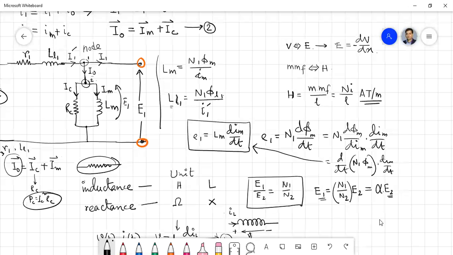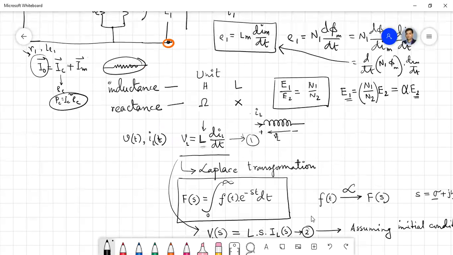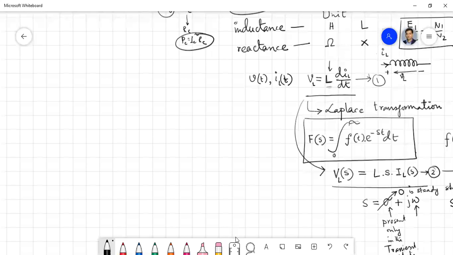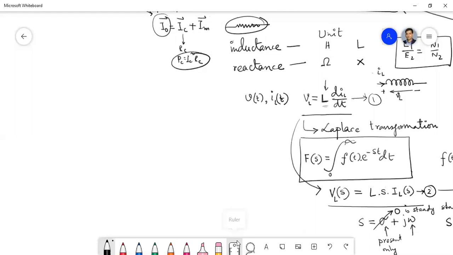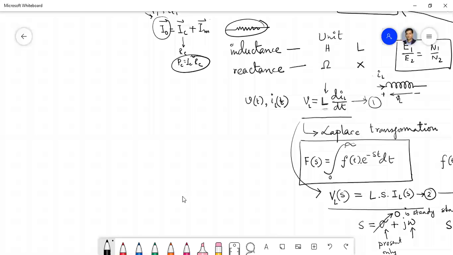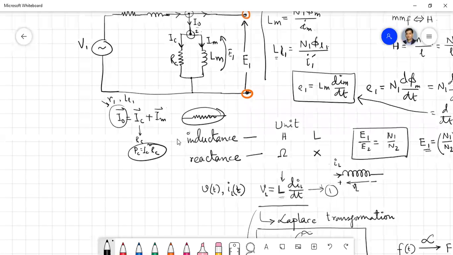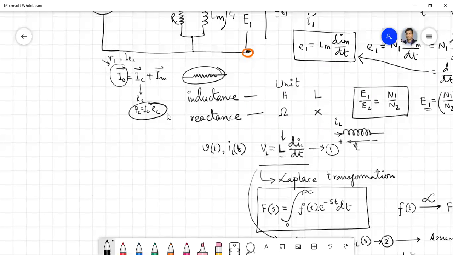We can show some dependent voltage source over there. Before that, we should go to the other part of the circuit. For the secondary, what can we draw, as we can draw something for the primary?